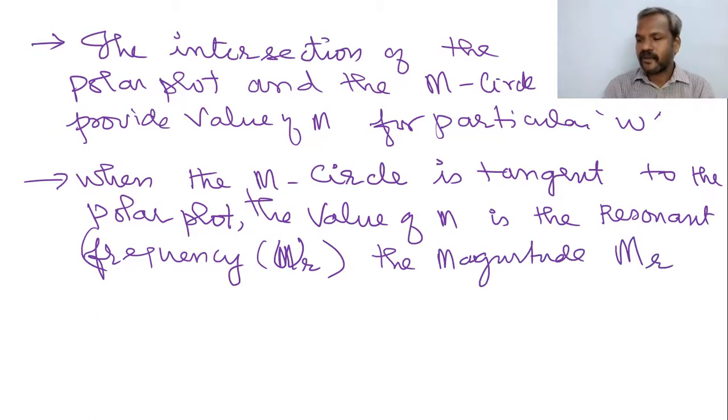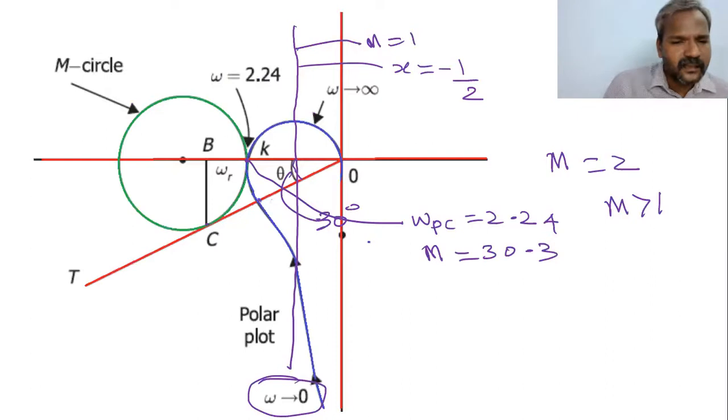The corresponding frequency is omega r. You see here, this frequency is omega r, and the magnitude is called the resonant peak. So this is the procedure to find the resonant value and the gain value.